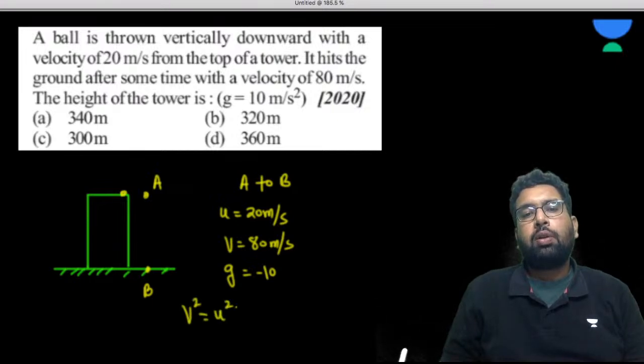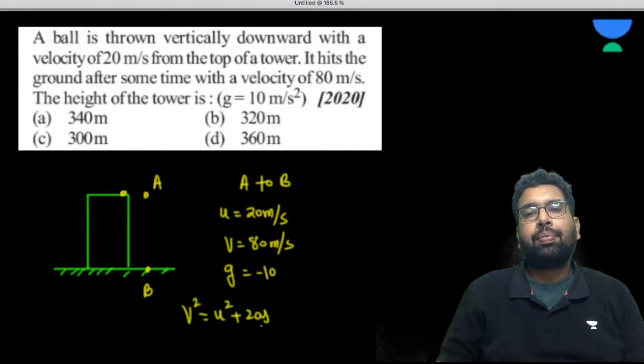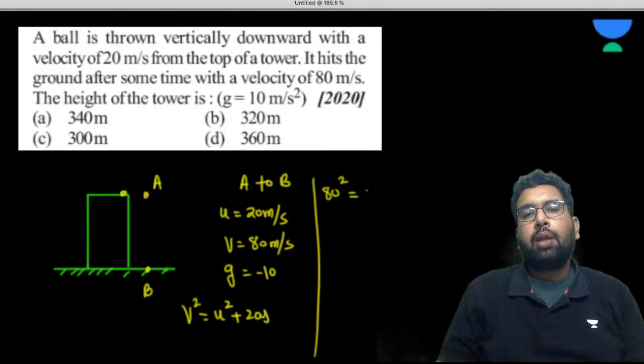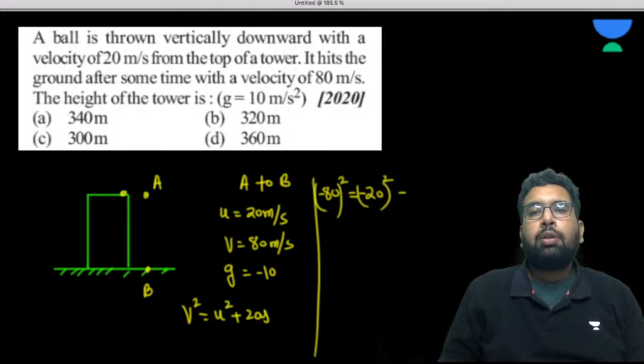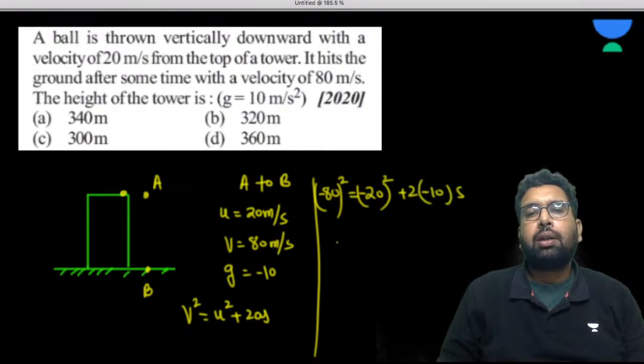Simply V square is equal to U square plus 2AS. V square is 80 square. U square is 20 square. Downward it is, so I'll write minus 20. It will also be downward, so I'll write minus 80, plus 2 into minus 10 into S.